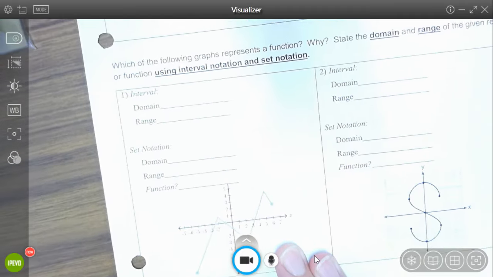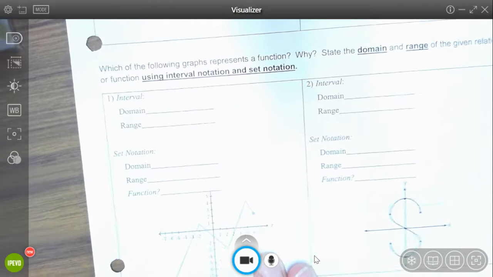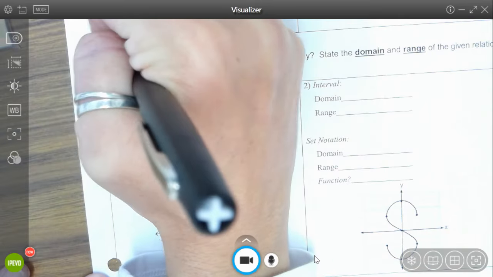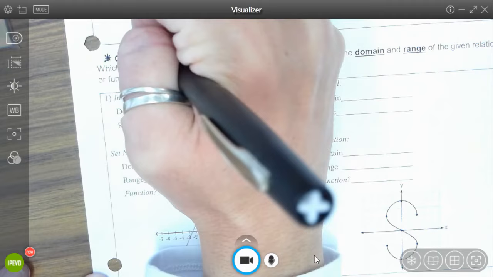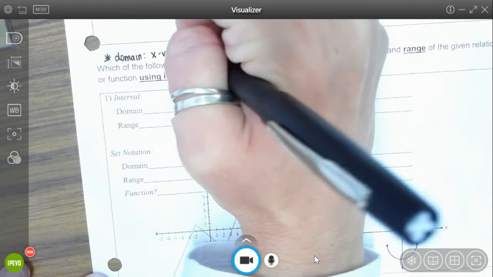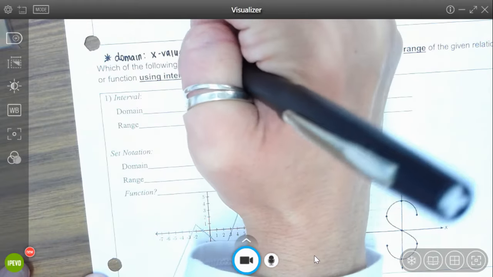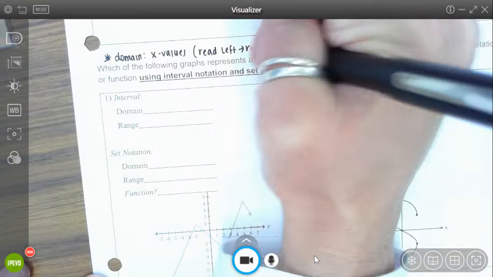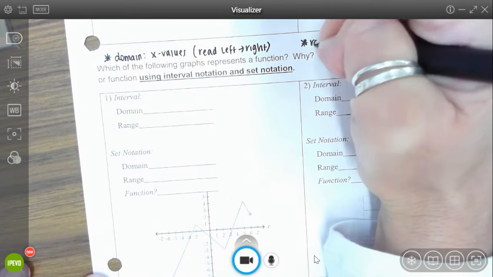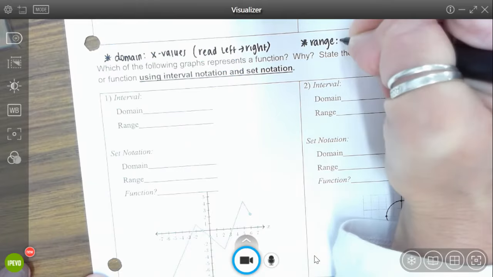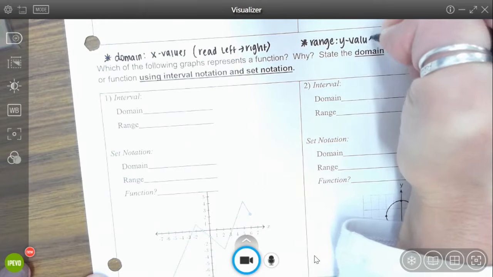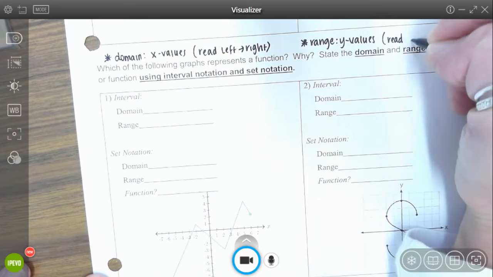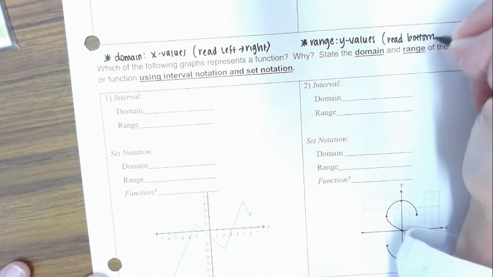Just as a quick review of domain and range before we look at that graph, remember that your domain is your x values, and you always read the x values from the left to the right. And the range is going to be the y values, and the y values are always read from the bottom of the graph to the top of the graph.